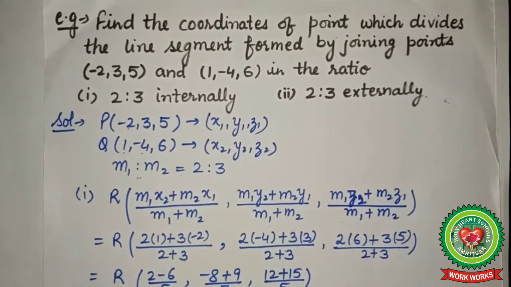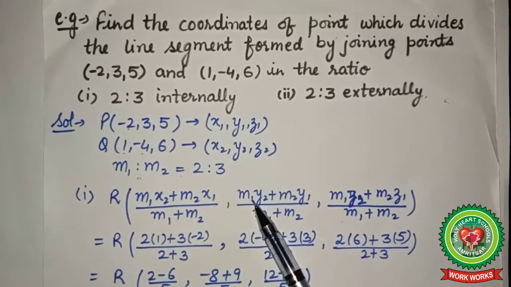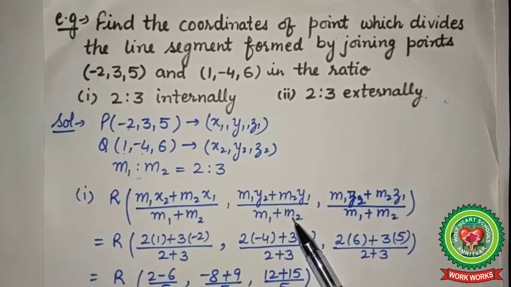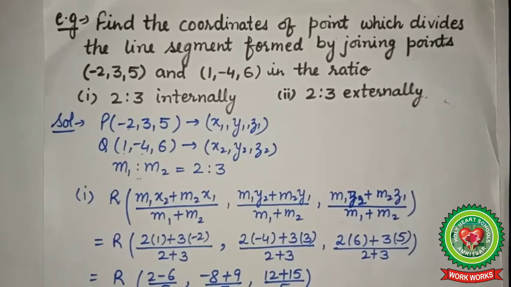So it is 2:3. Now firstly write down the formula for internally, that is m1 x2 plus m2 x1 upon m1 plus m2. Similarly for the y, m1 y2 plus m2 y1 upon m1 plus m2, and for the z, m1 z2 plus m2 z1 upon m1 plus m2.